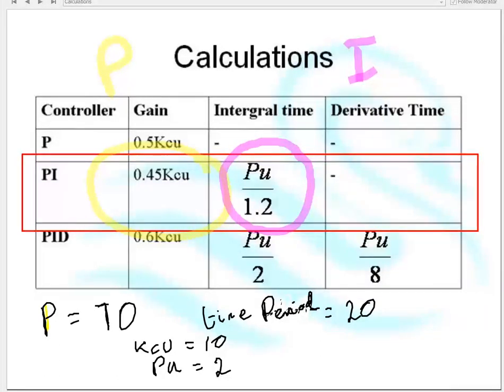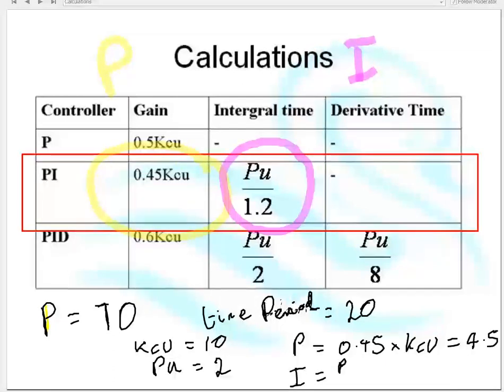And from the equations, I calculated my new P value is 0.45 times KCU, which is a nice little number. It's 4.5, about half actually. Me, I'd just normally halve it.